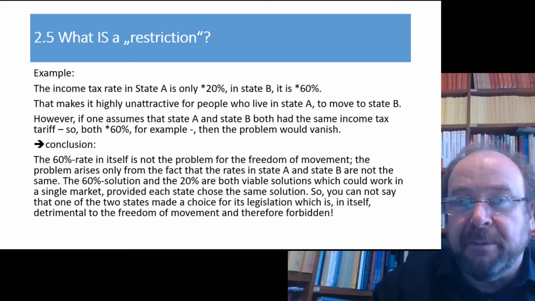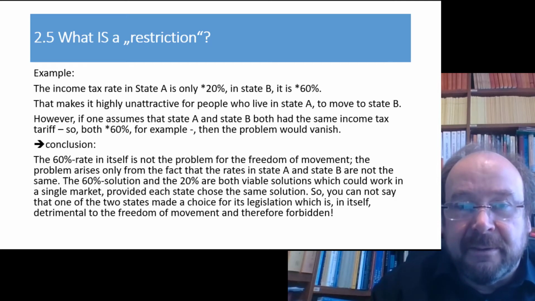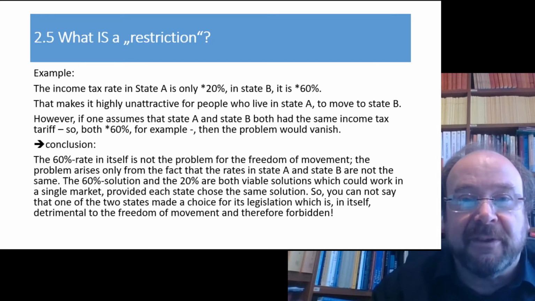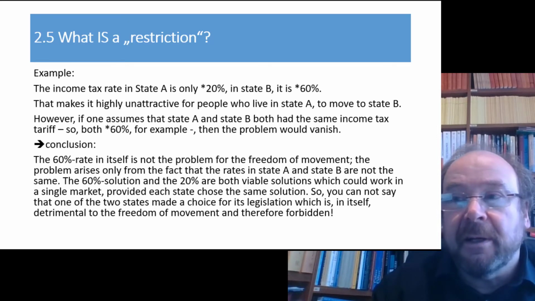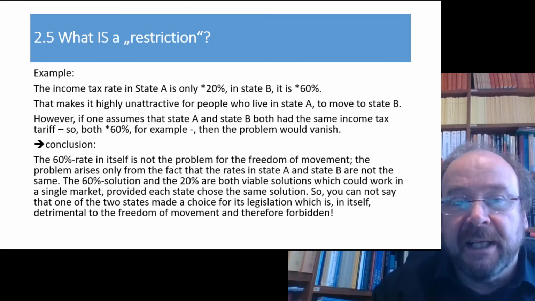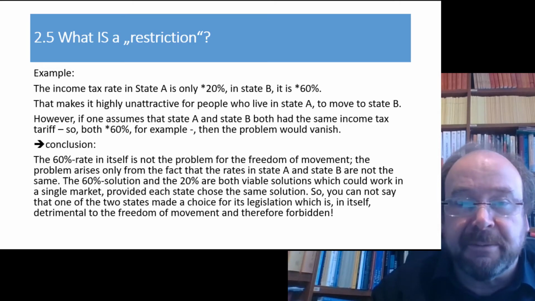On the other hand, the problem would also naturally vanish if all states had only 20%. So you cannot find an argumentation that one of the two solutions is automatically wrong. Both of them are okay. Only the effect that every state has a different solution creates problems here.